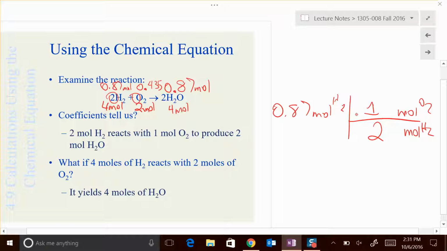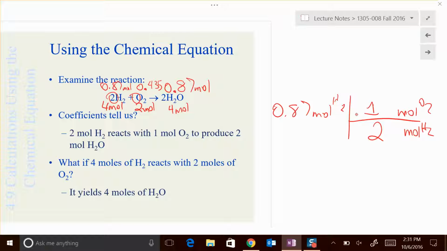So 0.87 times 1 divided by 2 will tell me the moles of O2. This becomes a conversion factor. It becomes a way for me to convert from the moles of one thing to the moles of another thing. Okay? So exactly half the moles of this are how many moles of O2 I need. All right? That's what my balanced chemical equation is telling me. It's telling me the relationship.